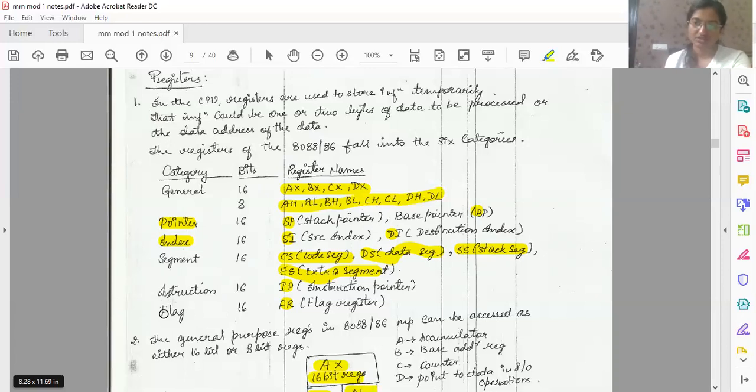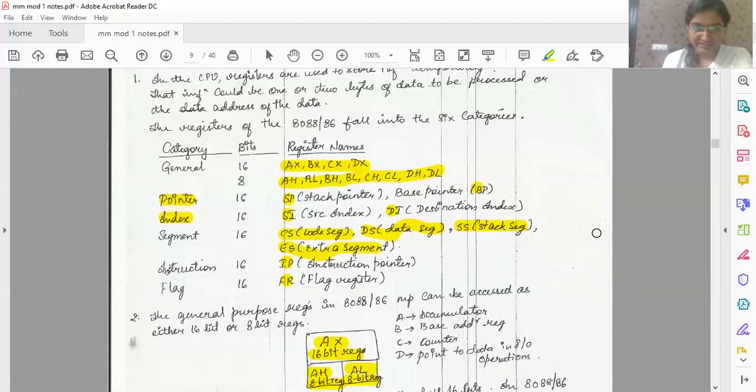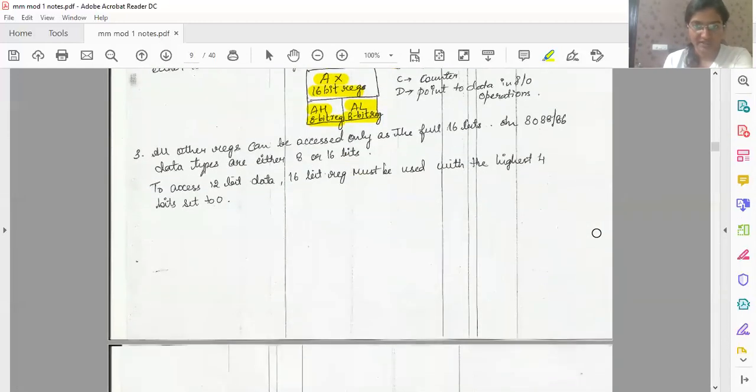We have already seen how the different flags in the flag register are affected after arithmetic and logical operations are done by a particular processor. In 8085, we have seen this. So I hope it is clear till here. If you have any doubts, we can discuss them in the Zoom class. All right.